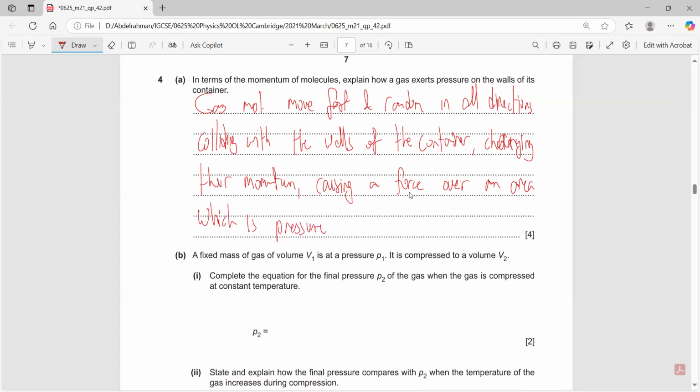And you can write down the equation: pressure equals force over area.